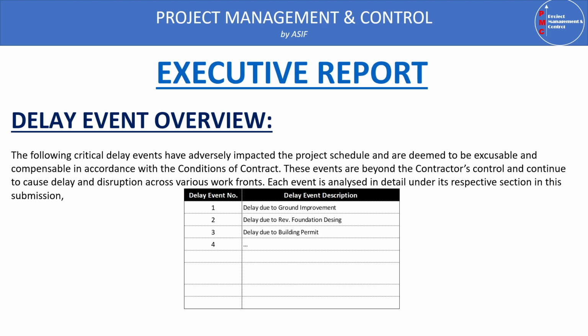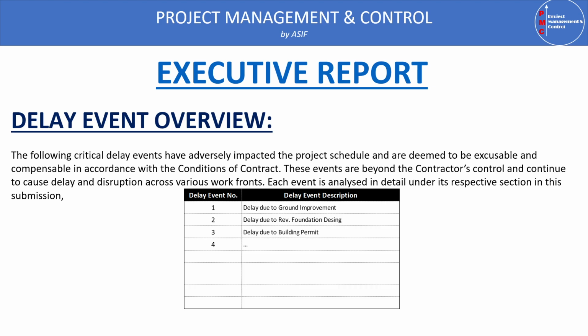This is a little guidance for our planning engineers to make notes and prepare their own delay events based on this. These delay events are beyond the contractor's control and continue to cause delay and disruption across various work fronts. Each event is analyzed in detail under its respective section in the submission.